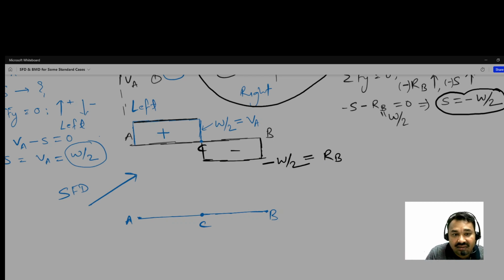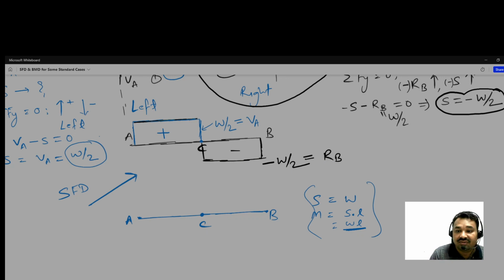And this is the line, W is constant. Suppose what we get is equal to W, in the general case. So M will be what? S multiplied by some distance, L. W L, suppose in the general case. So what we get here is a linear variation, from A to C, and whether it will be positive or negative, that is also a question.